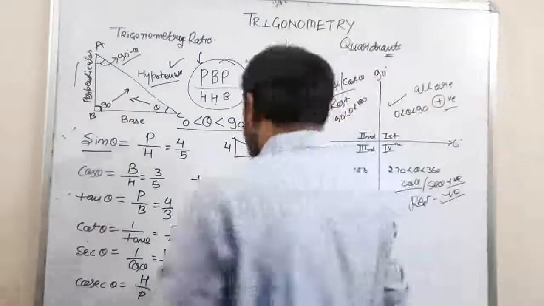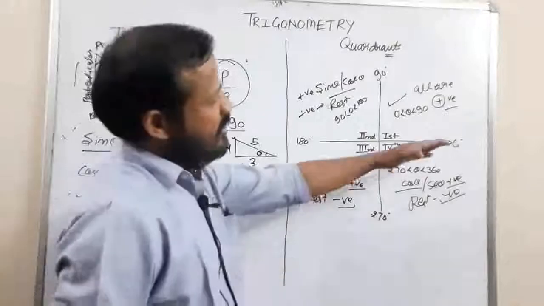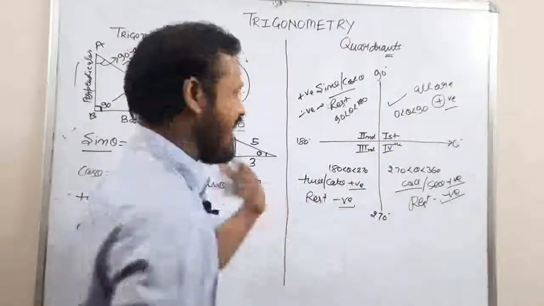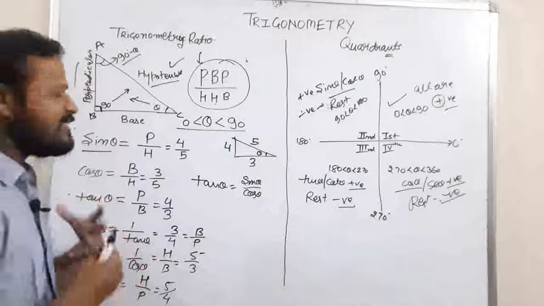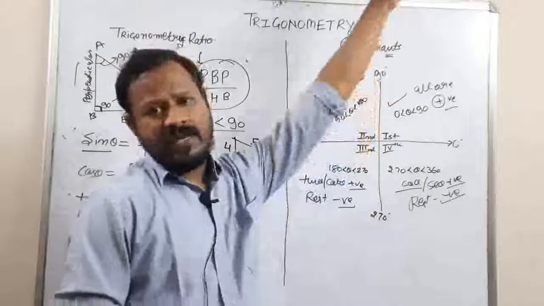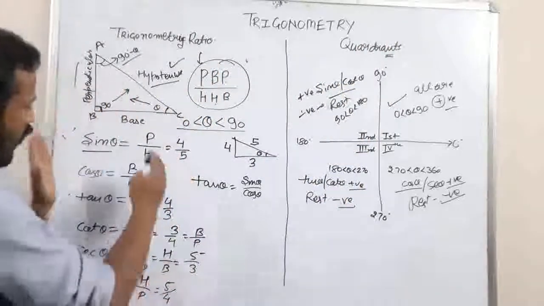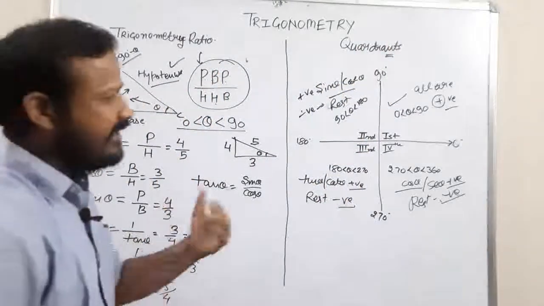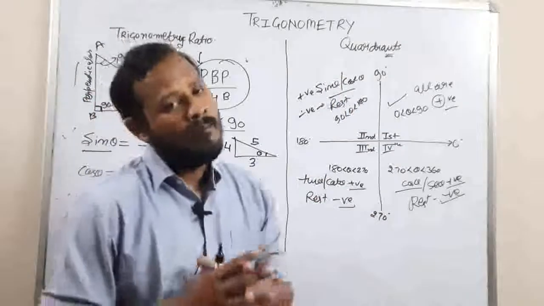So with this quadrant system, between 0 to 90 degrees, all the values of sin theta, cos theta and the rest are positive.